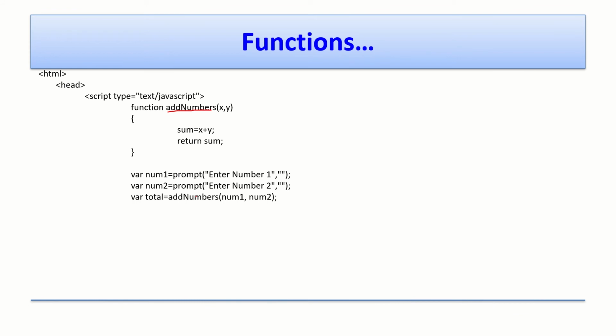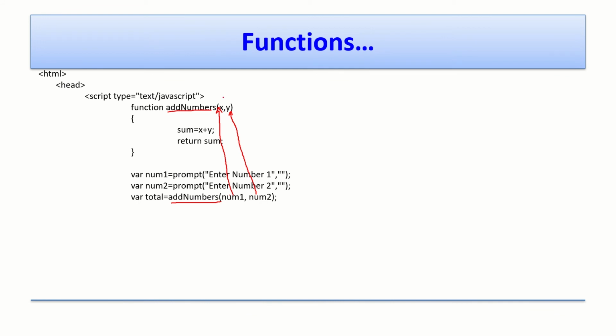The function name is addNumbers, so I use the same name addNumbers, and num1 and num2 are passed to this function. So num1 is assigned to x, num2 assigned to y. There's no need to use the same names inside the function.